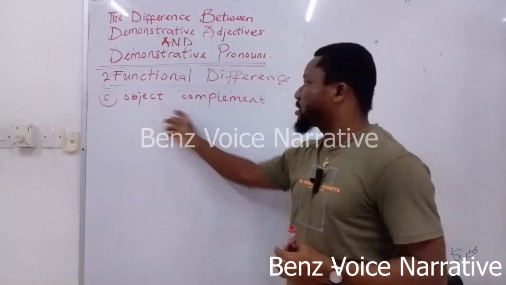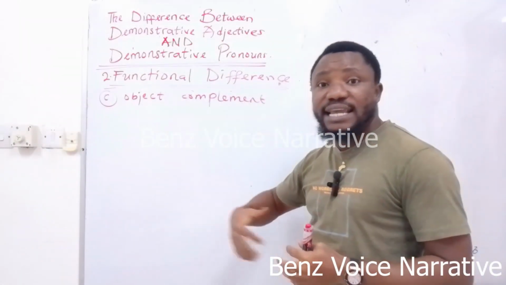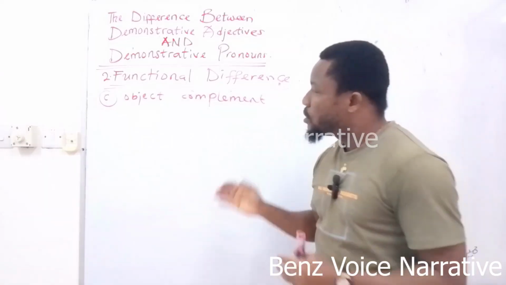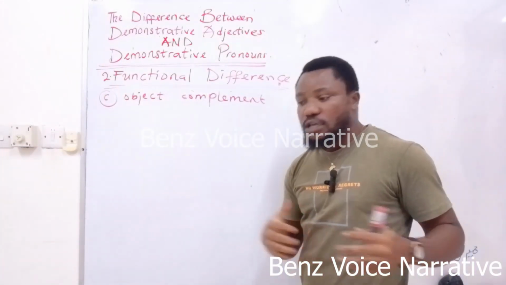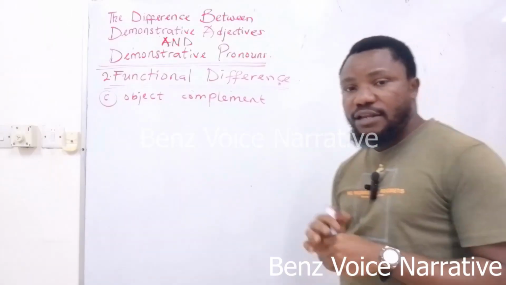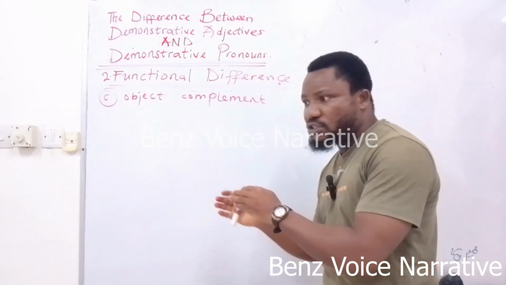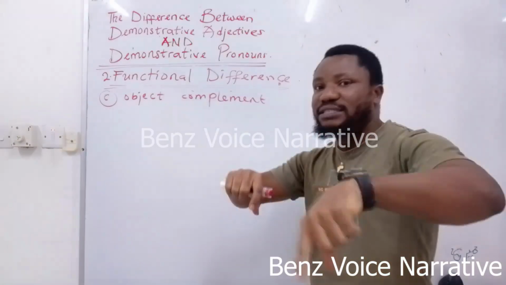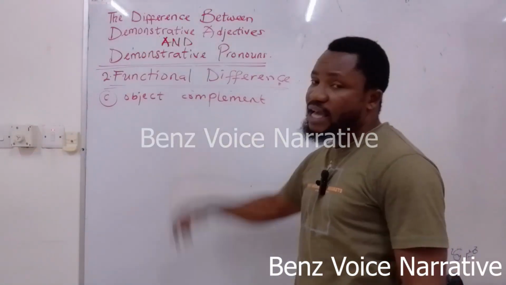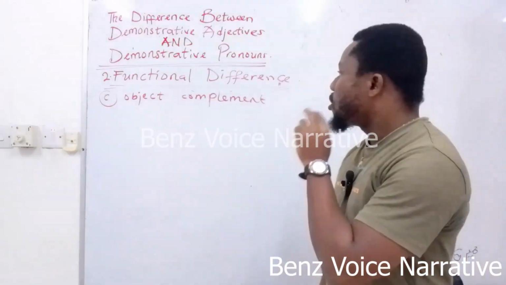What's an object complement? An object complement is a noun phrase or a noun that means the same thing as the object of a sentence. So if you read through a sentence and then you see an element that means the same thing as the object of a sentence, then that thing is object complement.